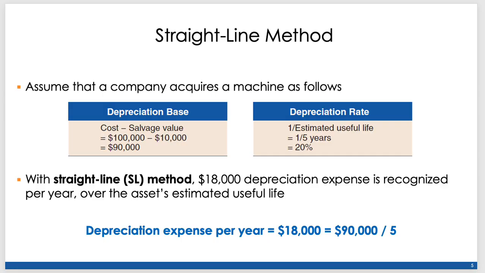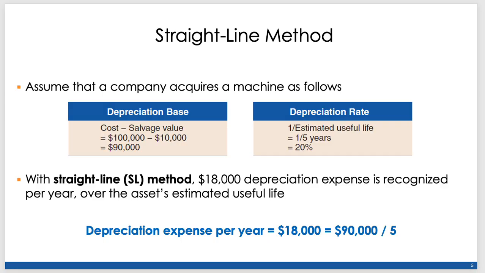You see there, the original cost is $100,000, and the salvage value at the end of the useful life will be $10,000, which means that the amount to be depreciated, or the depreciation base, is of course cost minus salvage, or $90,000.